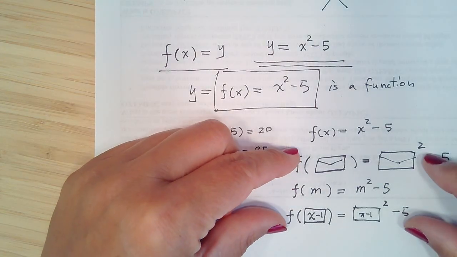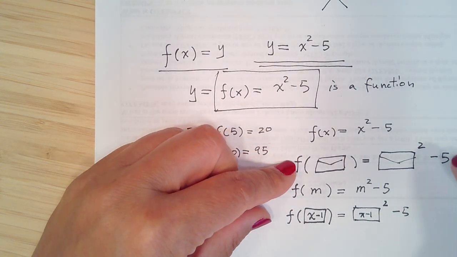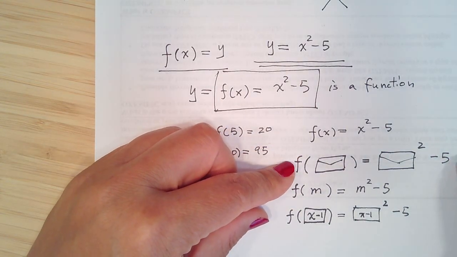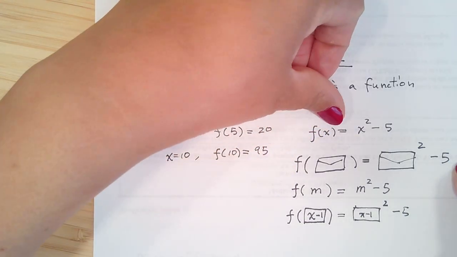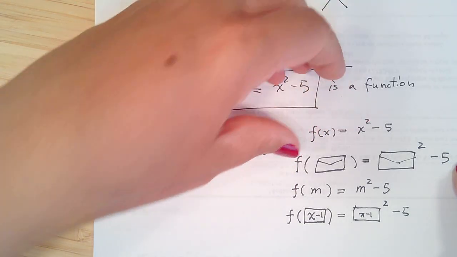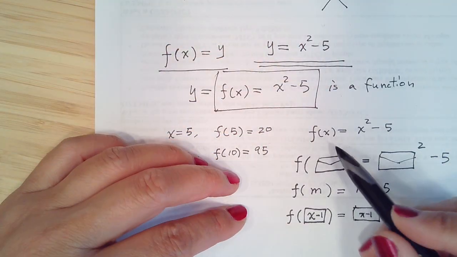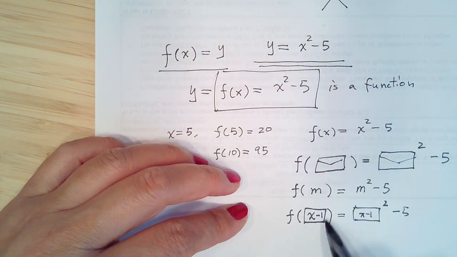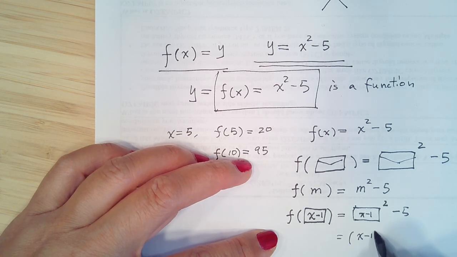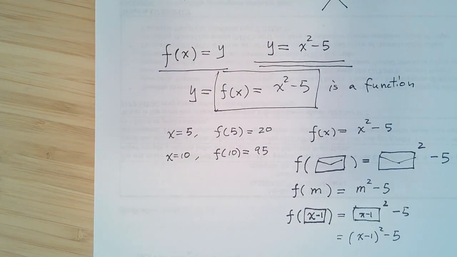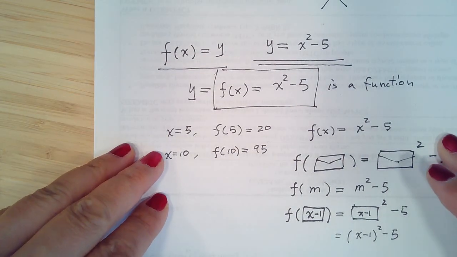Compare this with this one. This is the core understanding. This is the most important understanding for function. In math, of course, I will just use letters, but actually it can be not just a single letter. It could be some expression. All right. So you put here (x minus 1) squared minus 5, okay? So think if you can understand that.